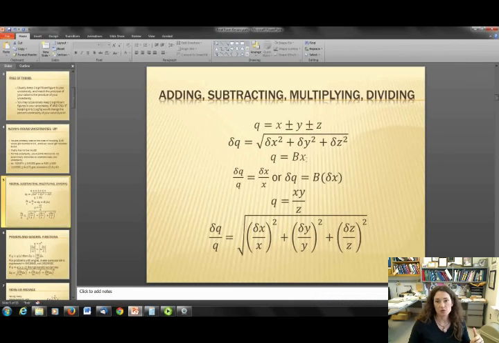If you're multiplying by a known constant, remember that you preserve the fractional or percent uncertainty. So if you multiply by a known constant, the percent uncertainty stays the same. If you're multiplying or dividing, then it's the square root of the sum of the squares of the fractional uncertainties, and that gives you your fractional uncertainty.